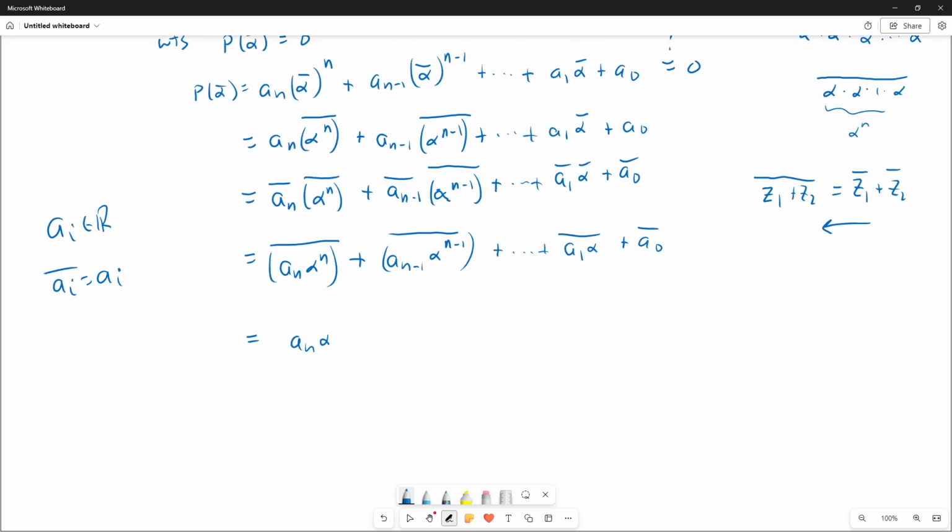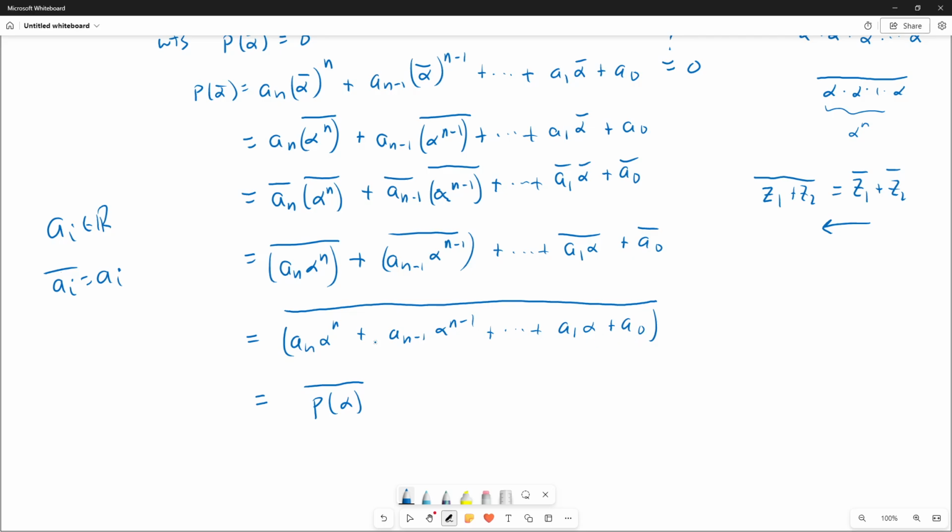And so we get a_n alpha to the n plus a_n minus 1 alpha to the n minus 1 on down to a1 alpha plus a0, and this whole quantity is conjugated. But inside the parentheses here, this is simply p of alpha.